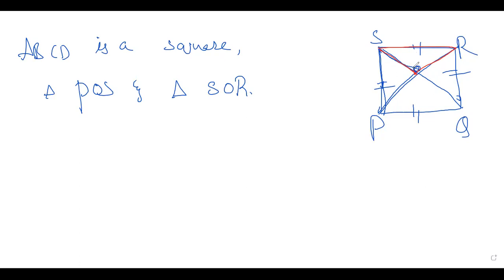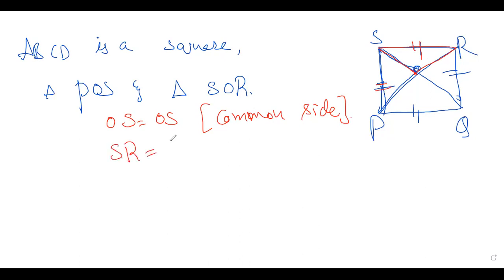Is it understood? So here, right, which is common here? Yes, OS is common for both, right? The side OS is common to the two triangles. So write directly OS is equal to OS, that is common side. Next, what is equal? See, now already told, all the sides are equal in a square. So you can write SR is equal to PS. That is given. It is because it is a square, means all the sides are equal.